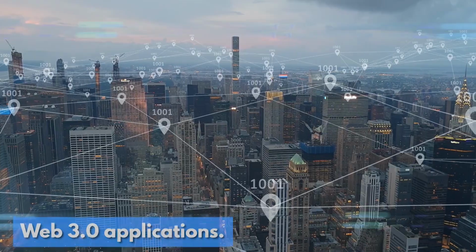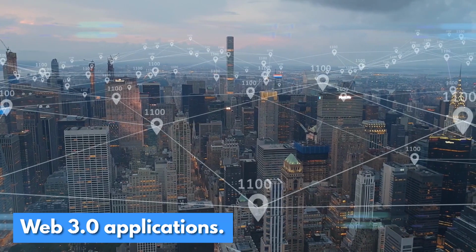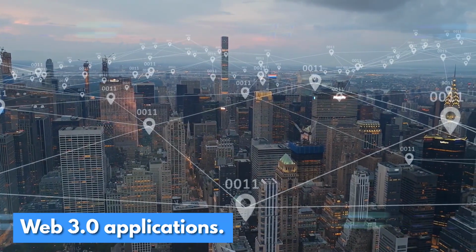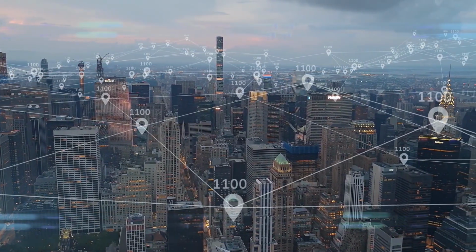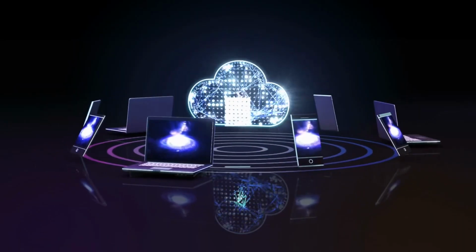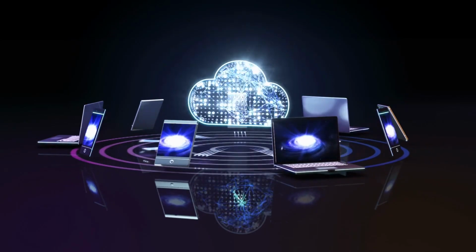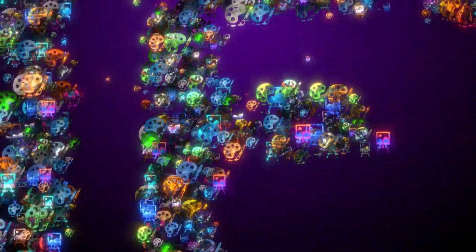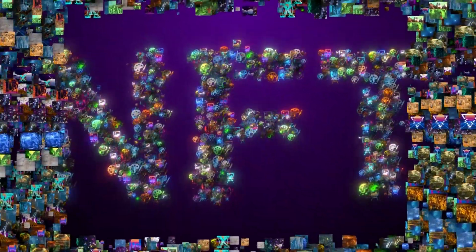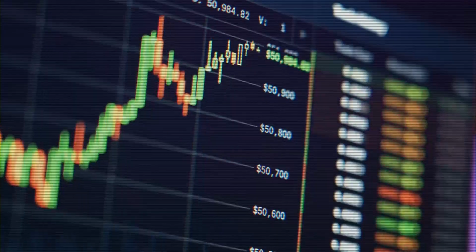Let's start. Web 3.0 applications. With blockchain at its core, Web 3.0 makes it possible for an expanding range of new apps and services, such as the following. Non-fungible tokens, NFTs, are tokens that are individually unique and are kept in a blockchain with a cryptographic hash.